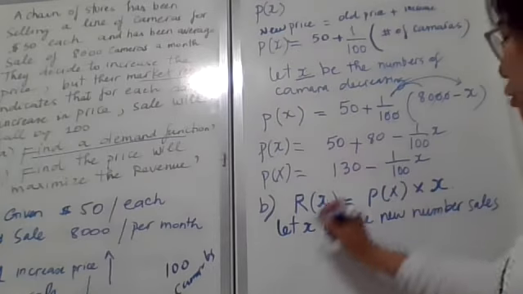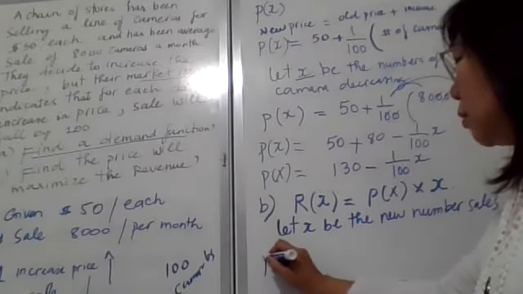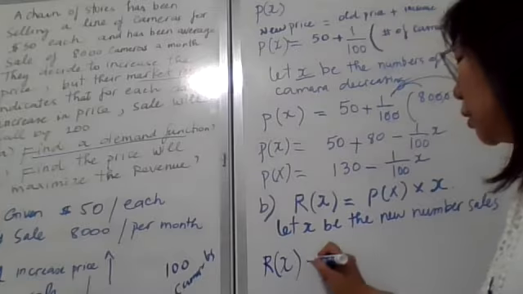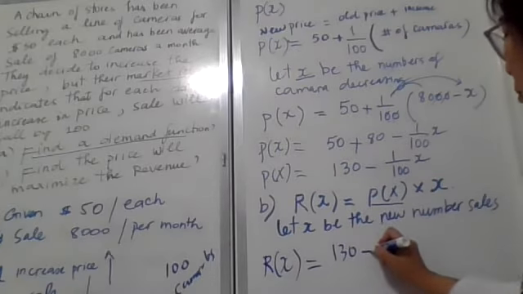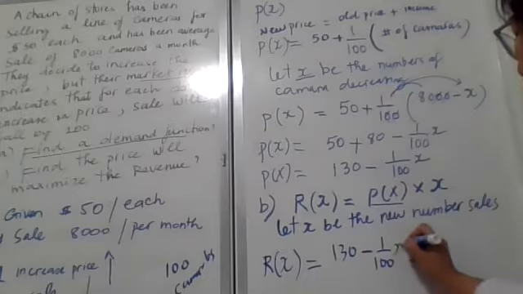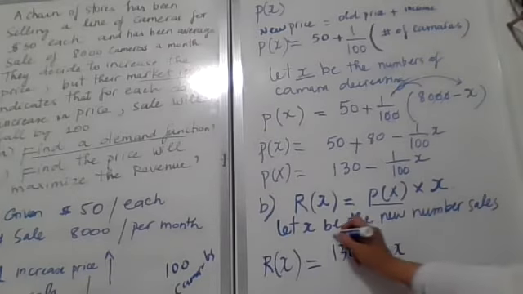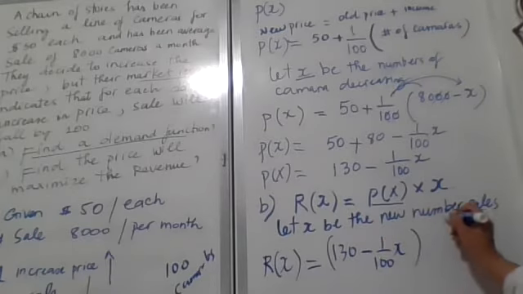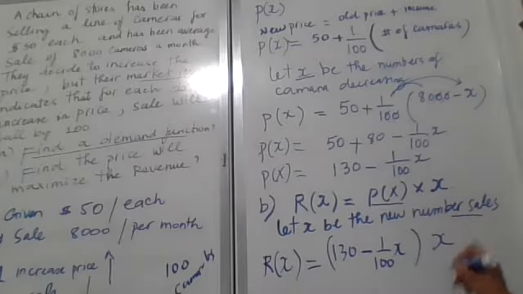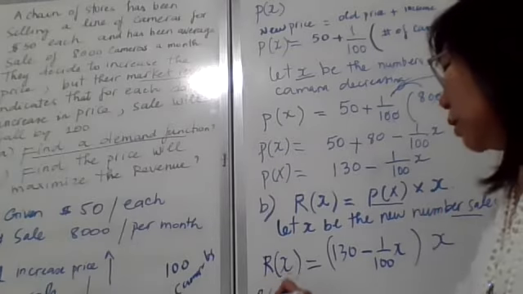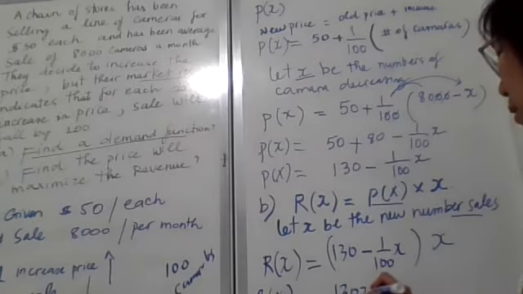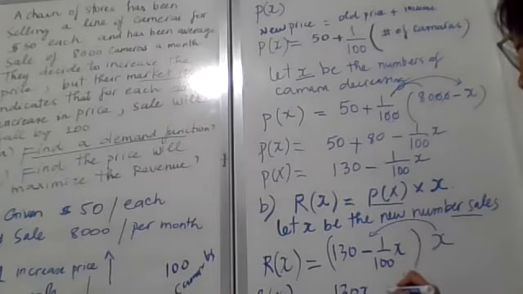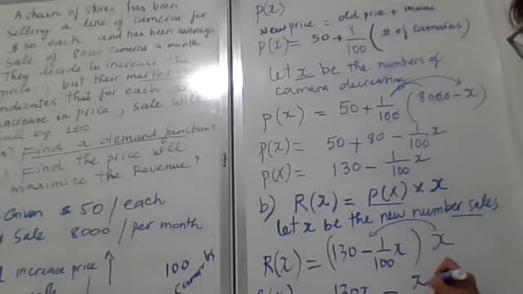So our price function is what? We substitute our price function here, 130 minus 1 over 100x, times the number of sales, the new sales, we call x. So now our revenue function will become 130x, if we distribute in this bracket, minus x squared over 100.